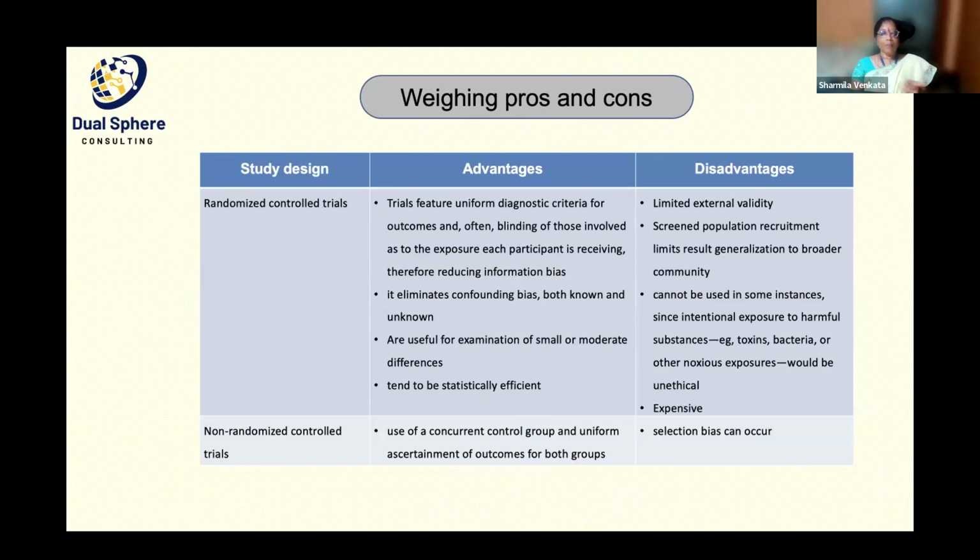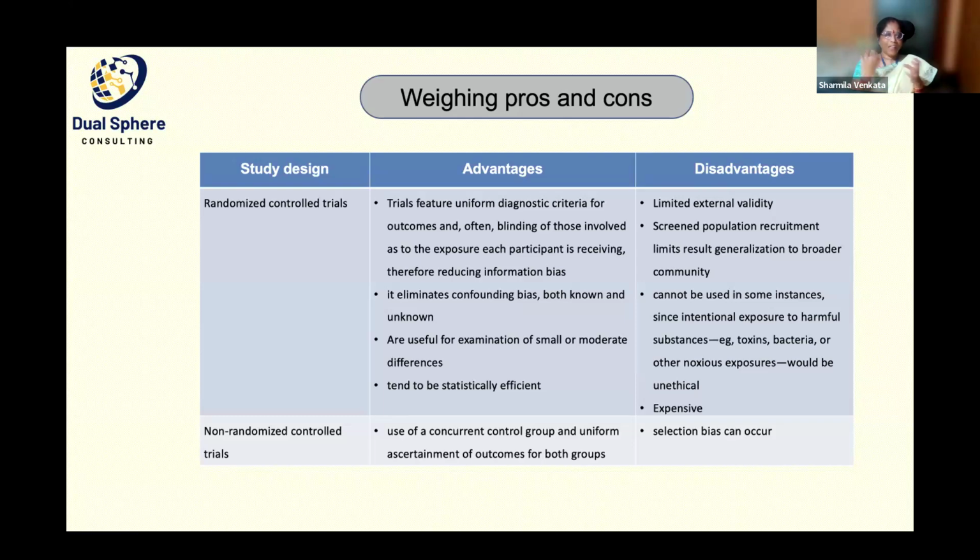Now let's compare experimental designs, randomized controlled trials. We have seen the observational studies. Now we'll see the experimental design advantages and disadvantages. So, the advantages of randomized controlled trials: they use uniform diagnostic criteria, often blinding, meaning neither patients nor doctors know who is receiving the treatment. This reduces information bias.